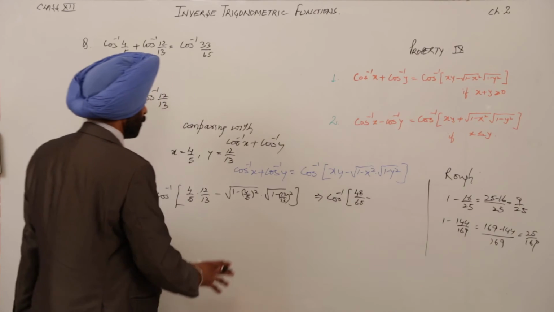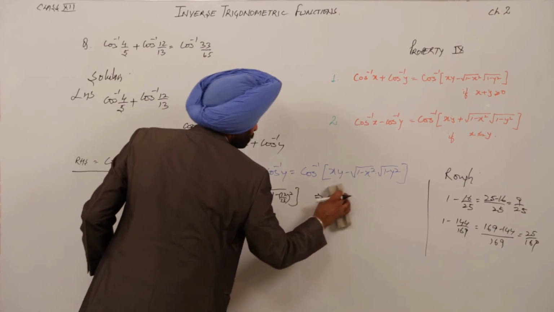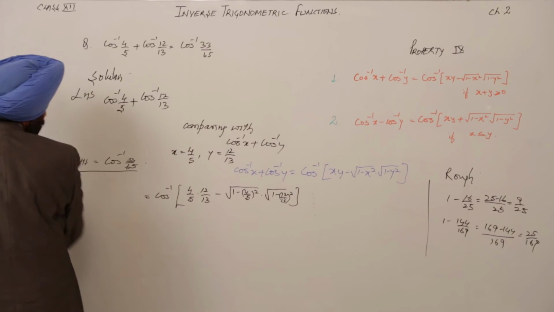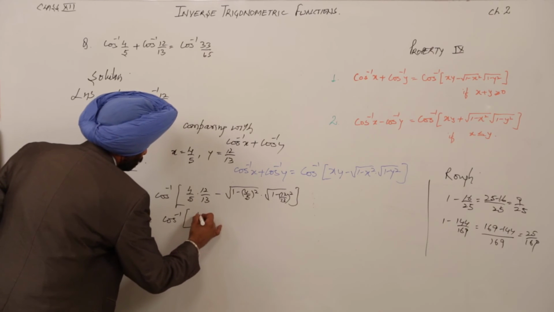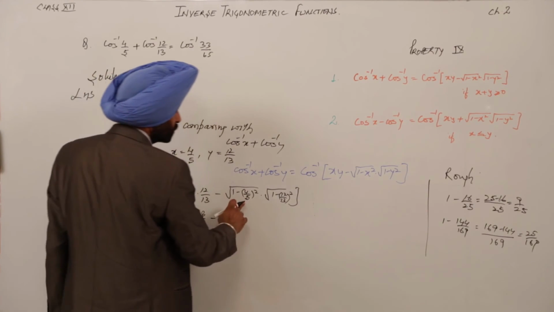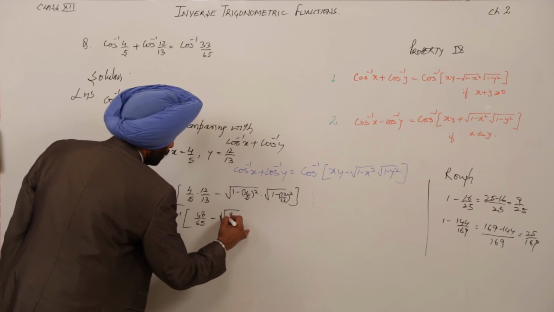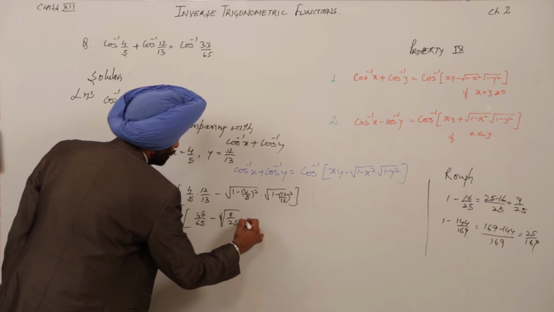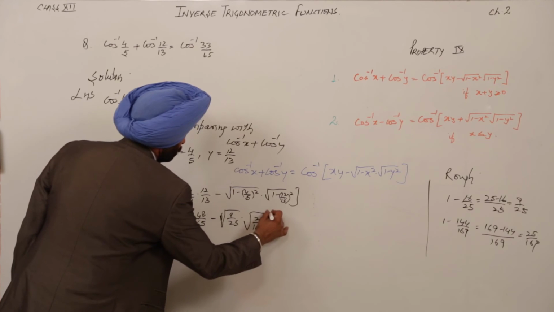So what we are getting here now, after writing this part, cos inverse of 48 upon 65 minus square root of 9 by 25 times square root of 25 by 169.